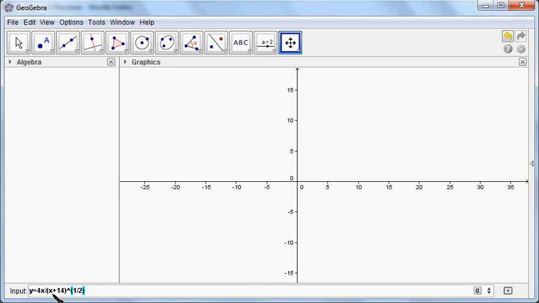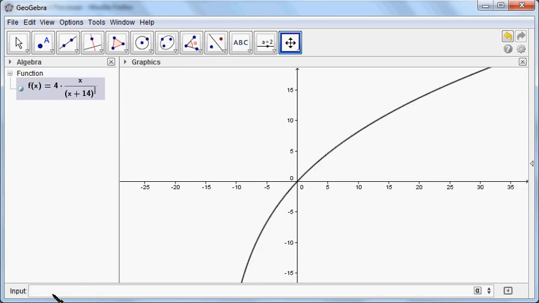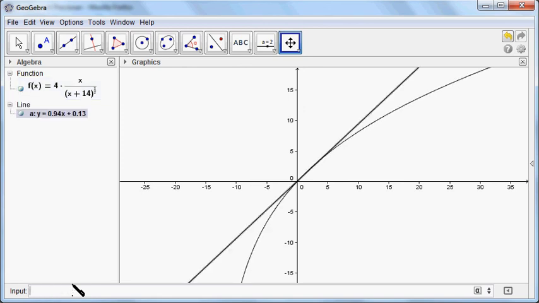Let's hit enter to sketch that. That's the graph of the original function. Then I'm going to add the graph of the tangent line, which is 15 over 16x plus 1 over 8. Hit enter, so we have that.